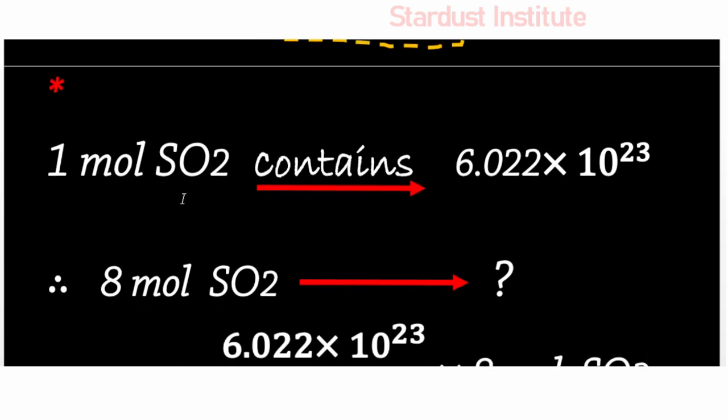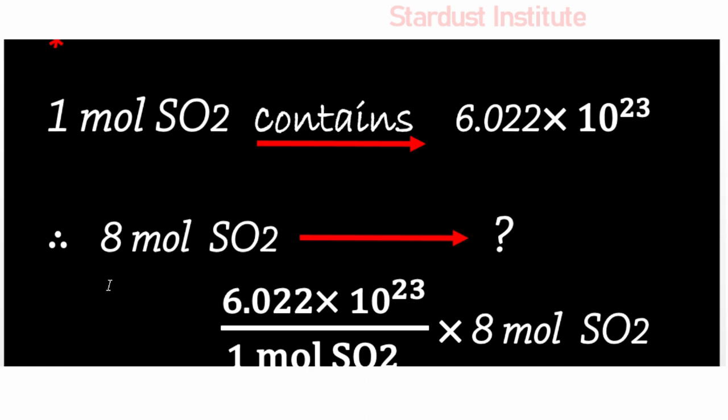In 1 mole of SO2 there are 6.022 times 10 raised to 23 molecules of SO2. We have to find now in 8 moles of SO2 how many molecules of SO2 are there.